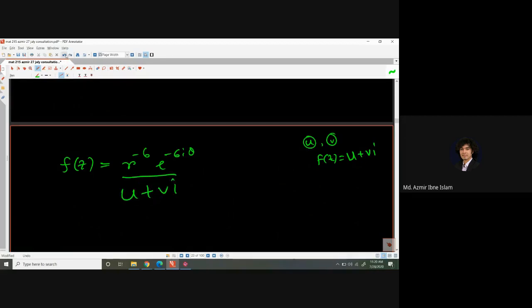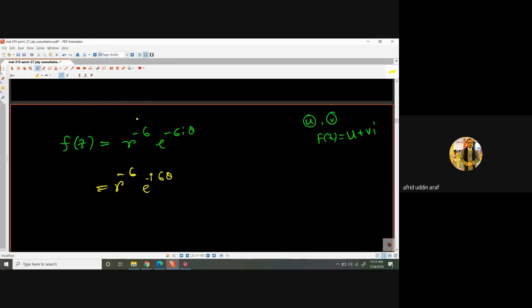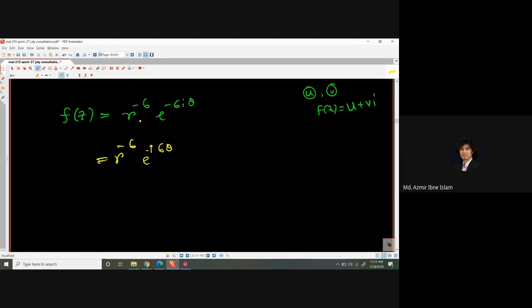So what we can do is think about the Euler identity. So r to the power -6 e to the power, let's say, negative i 6 theta. Clear? I'm just writing the negative i before.